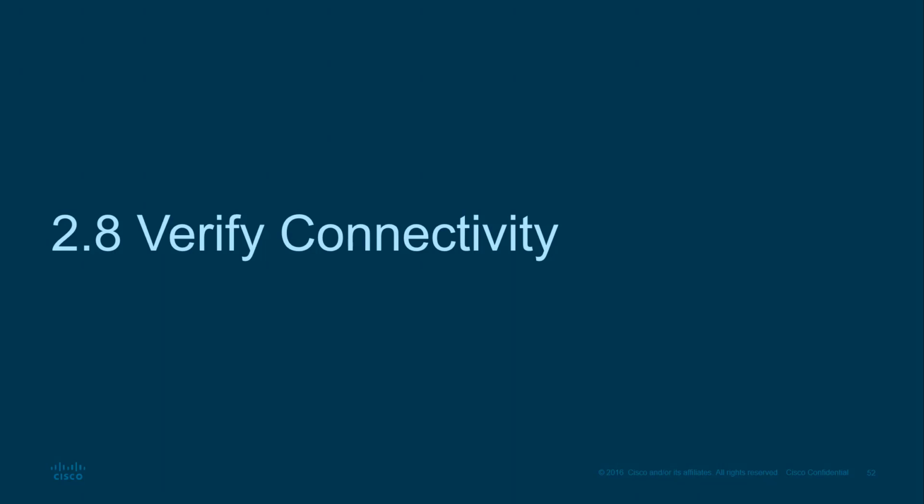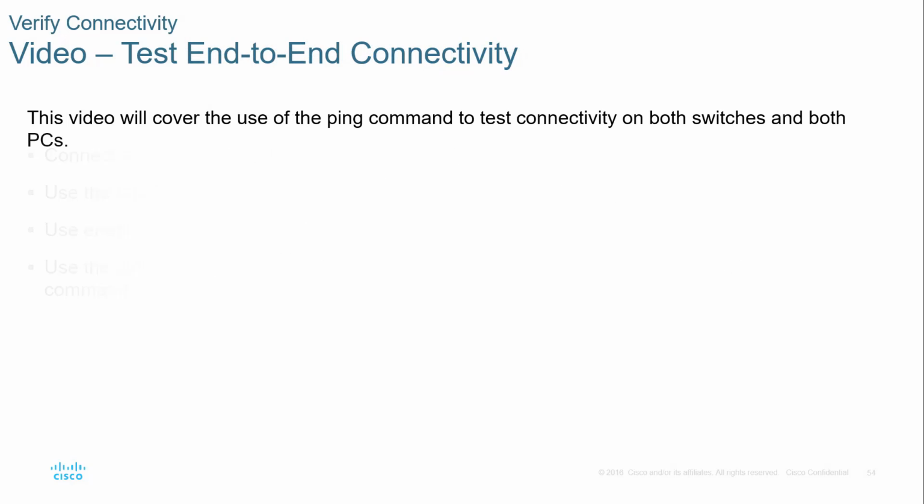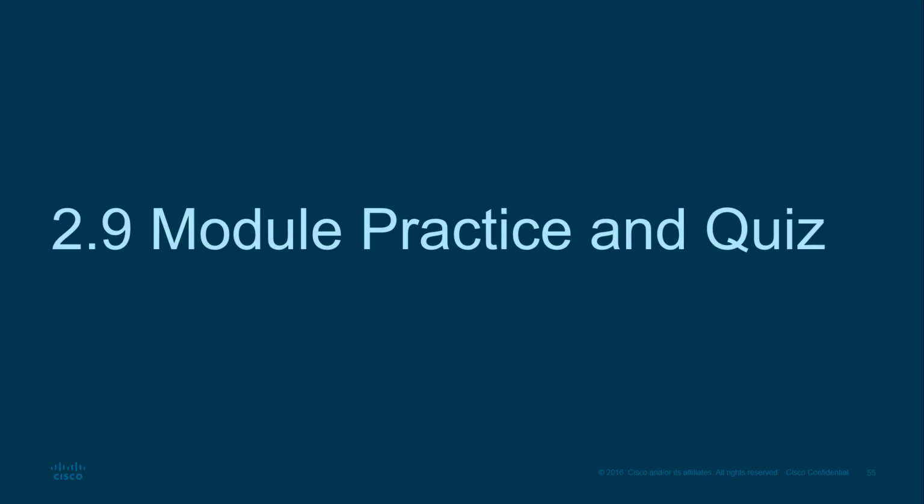Lastly, once everything is set up, we need to verify connectivity. We do that with commands like ping and traceroute, which again is outside the scope of this video, and we'll be covering them in our next video. Now that we've covered basic device configuration, how to configure addresses, and physical media connections, we should have the ability to do some basic configuration.